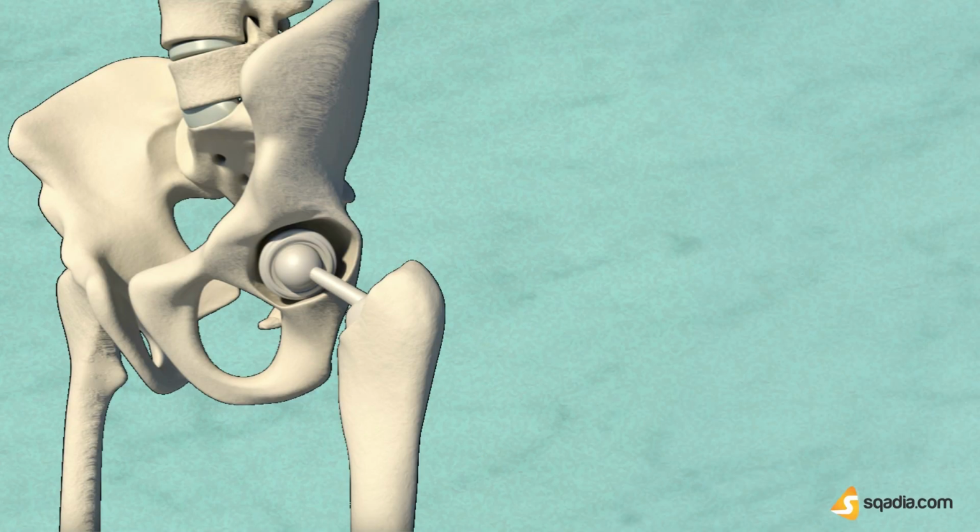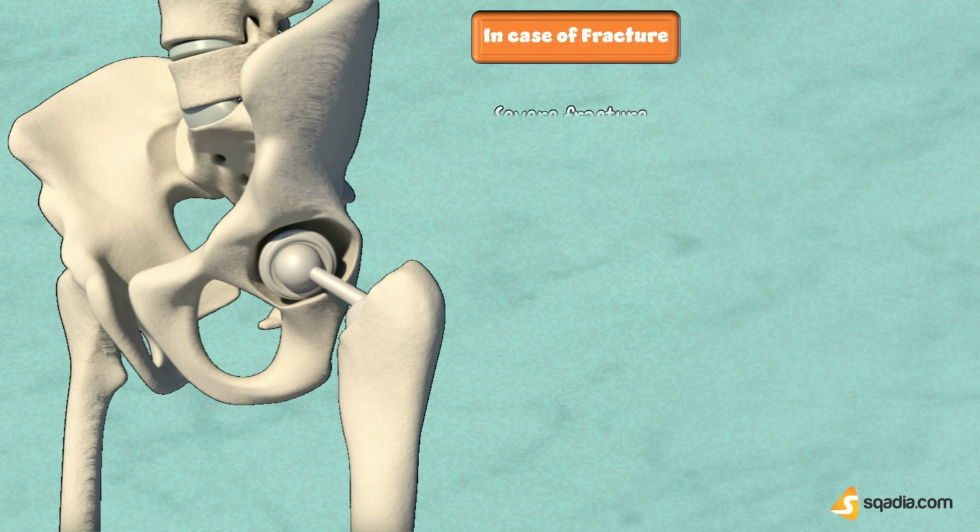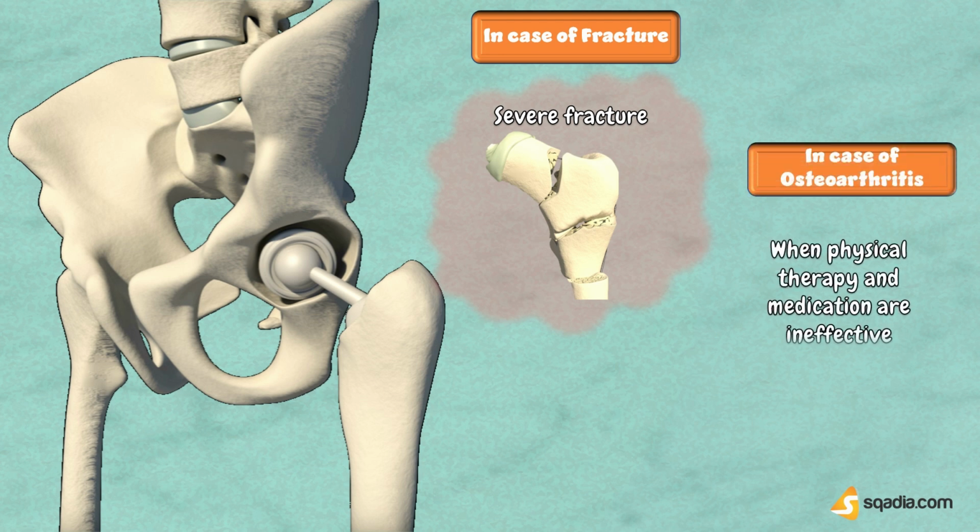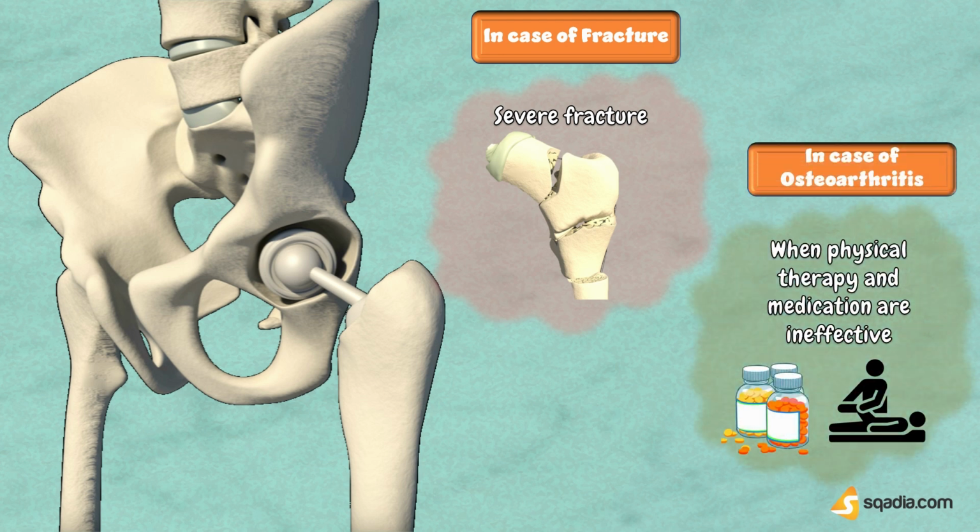For hip fractures, a total hip replacement may be necessary if the fracture is severe or if the bones are unable to heal properly on their own. In these cases, a surgeon may remove the damaged bone and replace it with an artificial hip joint. For osteoarthritis of the hip joint, a total hip replacement may also be recommended if other treatments, such as medication and physical therapy, are not effective in relieving symptoms.